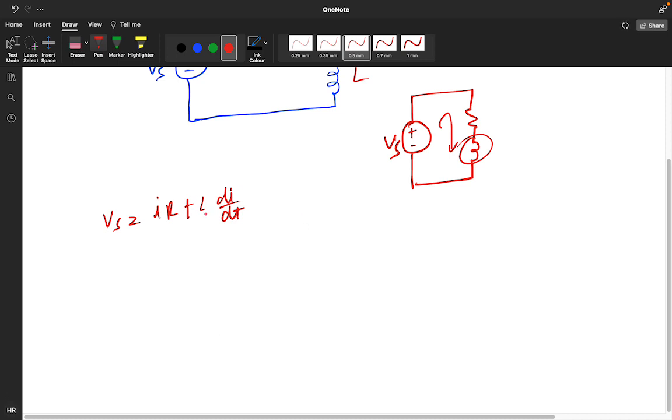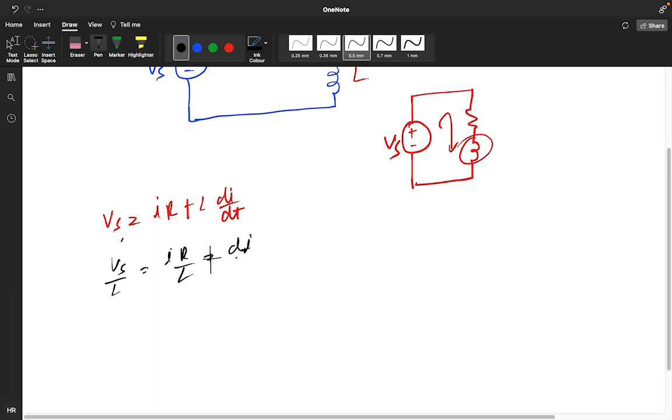We need to solve the differential equation, so divide all the elements by L: Vs by L equals I R by L plus di by dt.